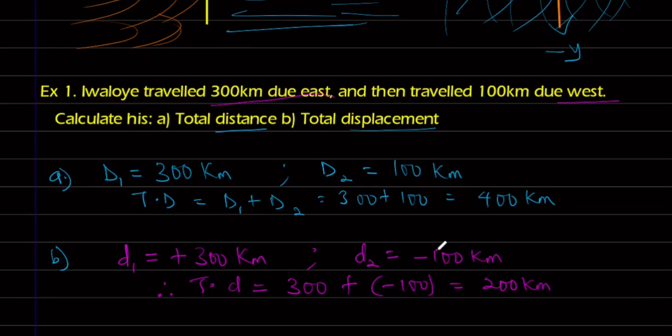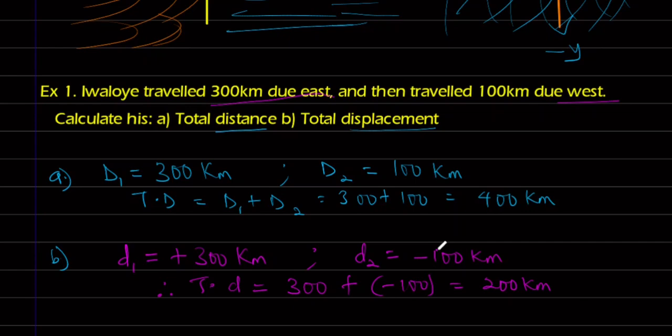So he has only displaced 200 kilometers. So this is a practical example of the basic difference between distance and displacement. In vector quantities, we need direction in order to solve problems related to any vector quantity, but for scalar quantity such as distance, we don't need to take direction into consideration.